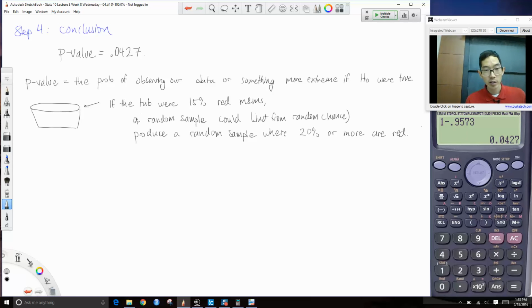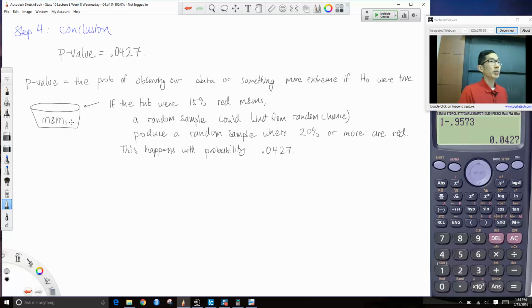This happens with probability 0.0427. So that is what the p-value is in the context of this problem. I just want to make sure that we are okay with this statement. It's important that we can give an interpretation of the p-value in the context of this problem.